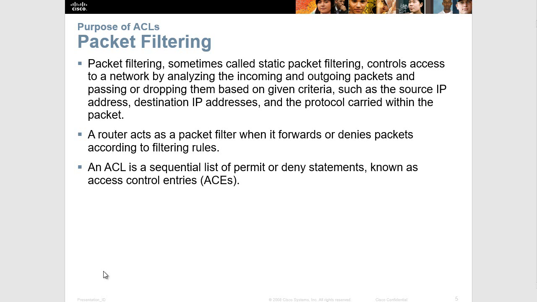Based on those things, if there's a match, you can either choose to permit traffic or deny traffic. Maybe you only want to permit traffic from a certain host, so you could permit one source IP address and deny all the others. Or maybe you want to deny a certain host or network and permit all the others. Those are rules you can set up with your access control lists.